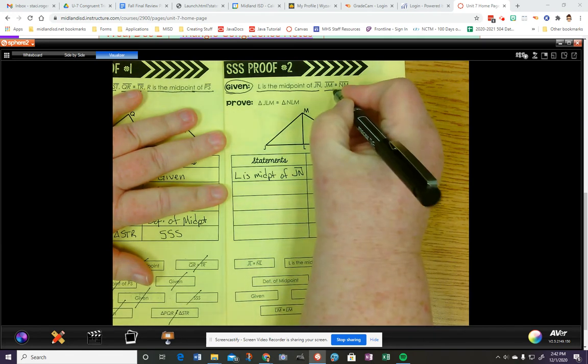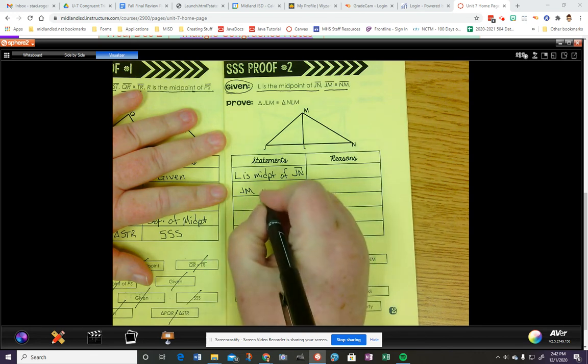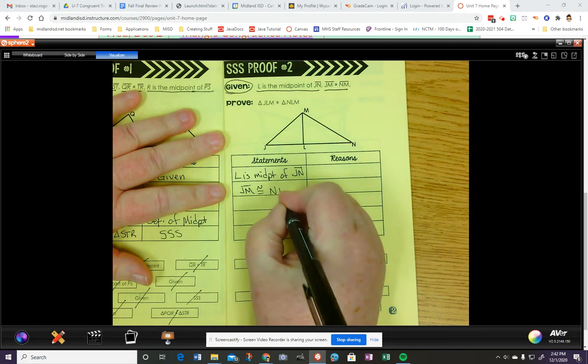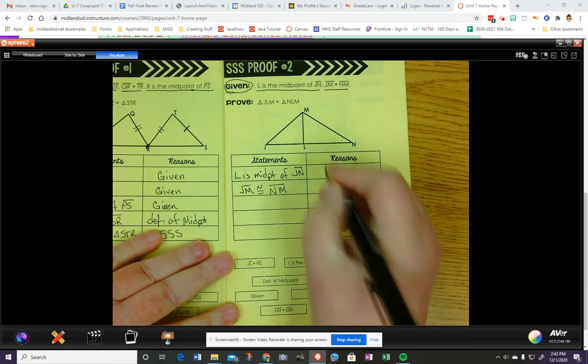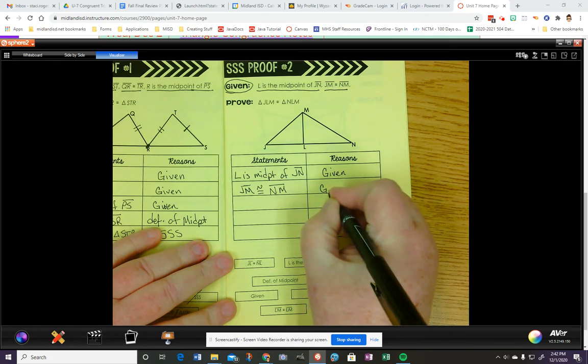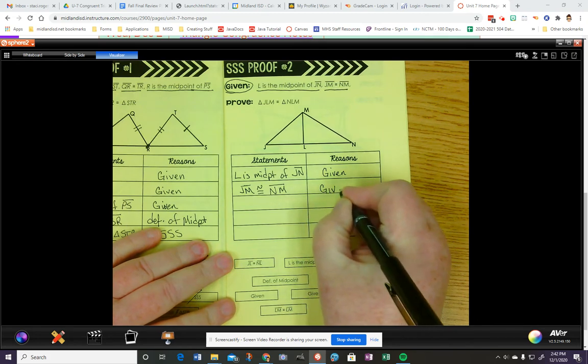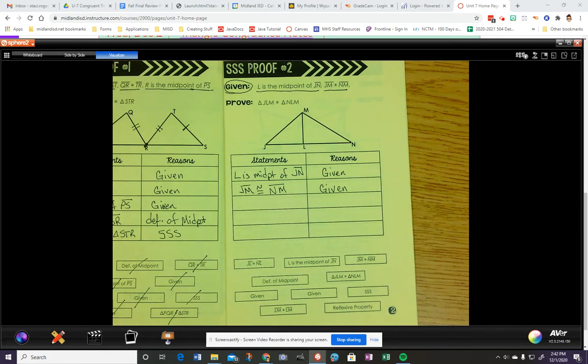And then I'm going to put JM is congruent to NM. Why are we putting those first? Well, we were given those.